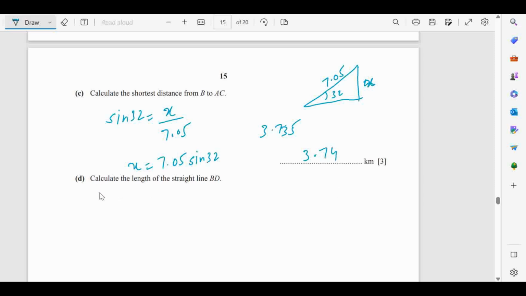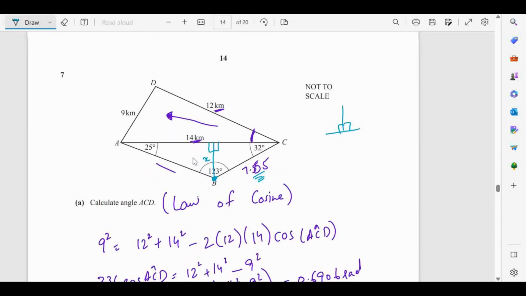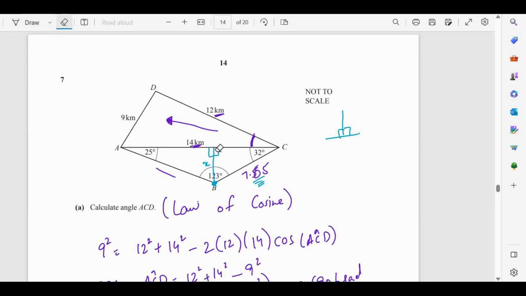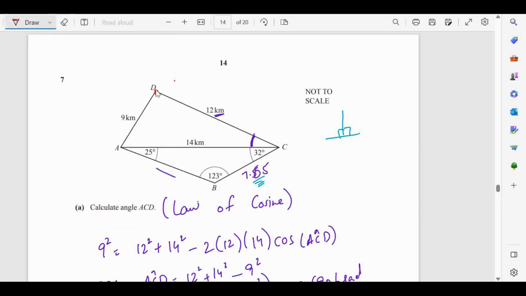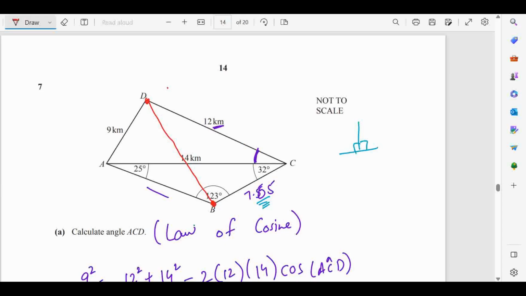Let's move to part D. Calculate the length of the straight line BD. So we need to find this length BD. Now in this triangle BCD, we know this side, and we know this angle.